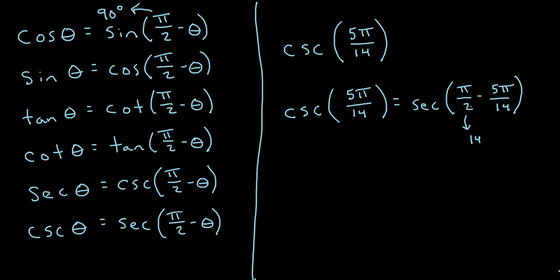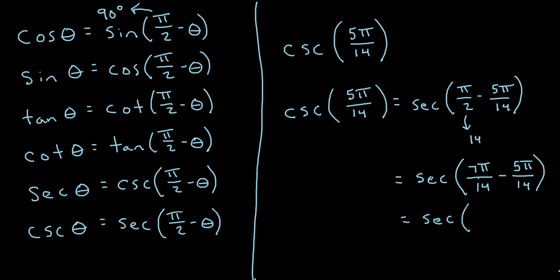So if we multiply the denominator by 7, we can multiply the numerator by 7 as well. So let's do that. We get secant of 7 times pi, that's 7 pi, 7 times 2, that's 14, minus 5 pi over 14. So we get the secant of 7 pi minus 5 pi, that's 2 pi.